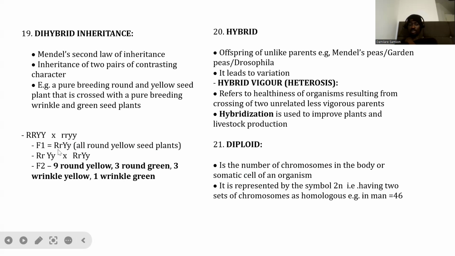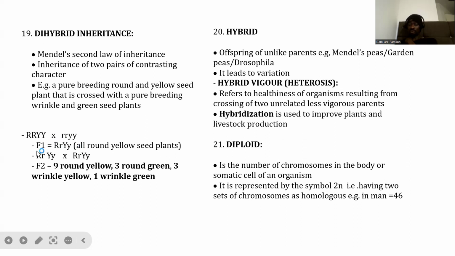At the end of the F1 generation, all round yellow seed plants is what we are going to see. Round yellow. Remember, like I told you, this is heterozygous round now. Heterozygous round. And this is heterozygous yellow, not homozygous again.